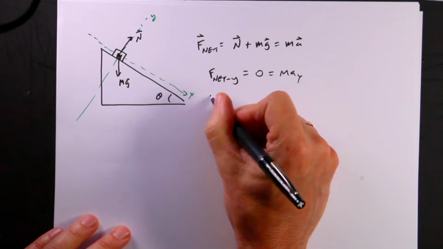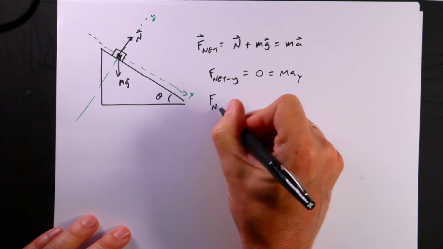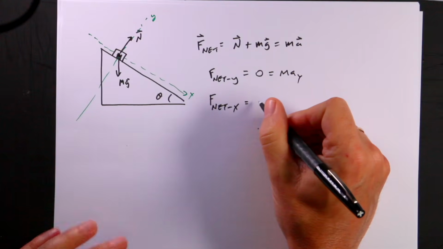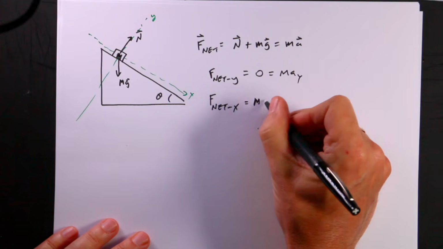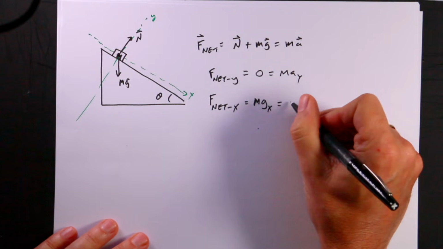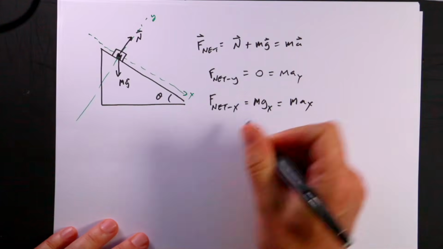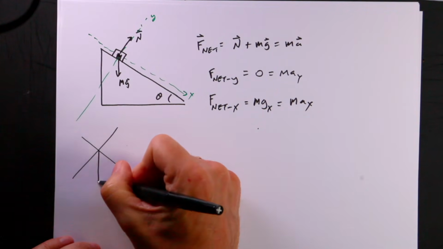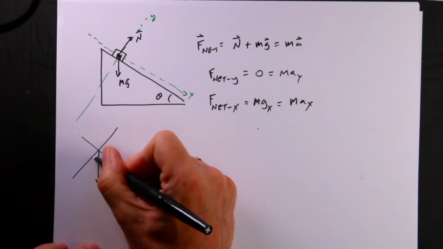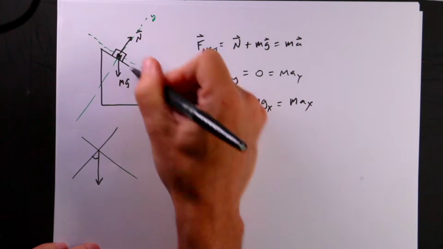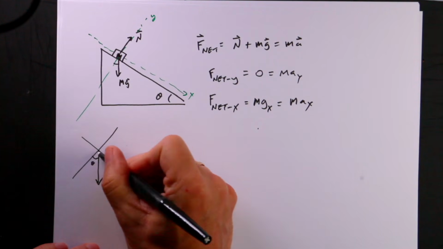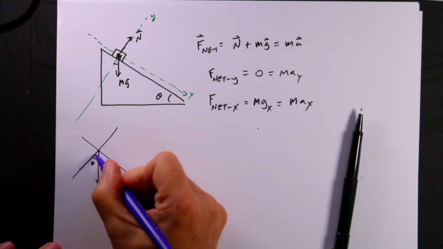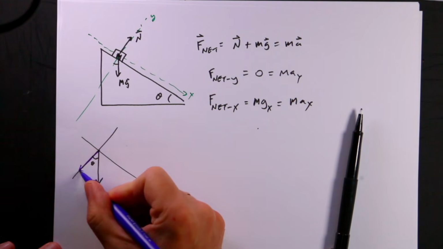Okay, but now I can do the same thing in the x direction. F net x equals, let's write this as mg_x equals ma_x. So if I draw my axis like this, there's my gravitational force. If that angle is theta, that angle is theta. So now I have the y component and the x component.